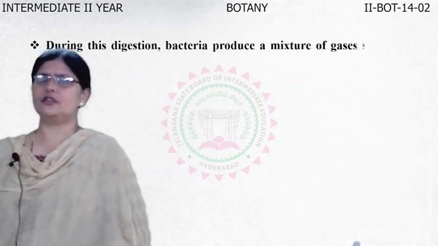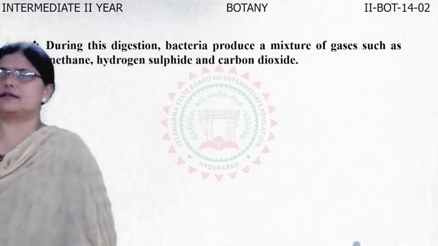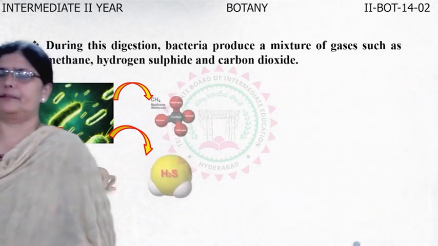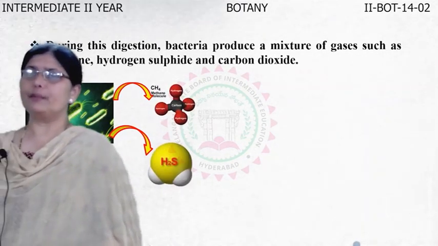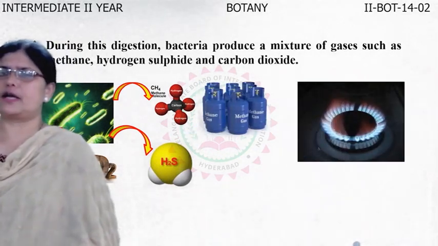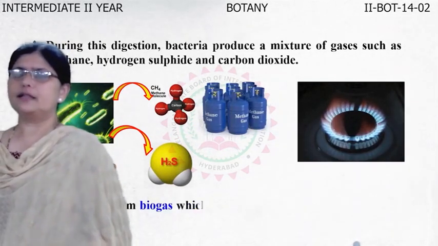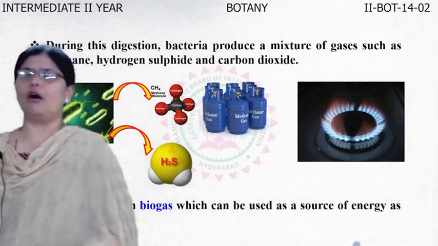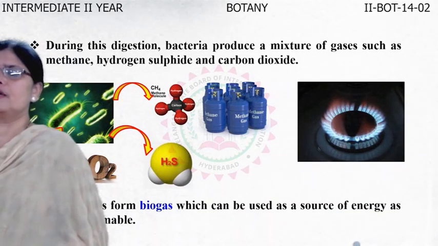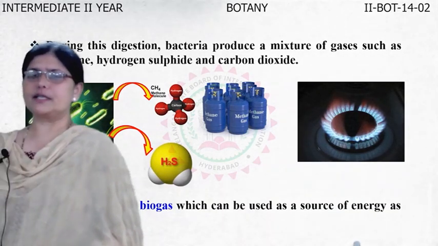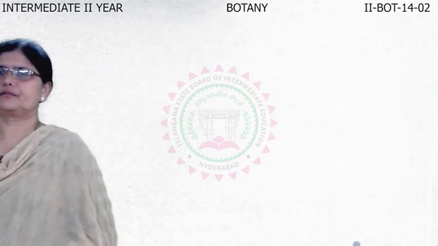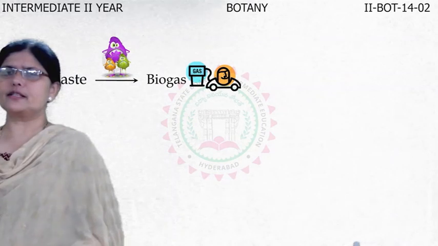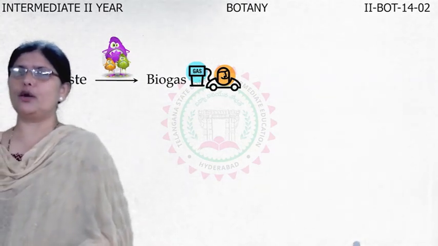During this digestion, bacteria produce a mixture of gases such as methane, hydrogen sulfide and carbon dioxide. These gases form biogas which can be used as a source of energy, or as a fuel because it is inflammable. So you can see how the waste from the sewage is converted into biogas.